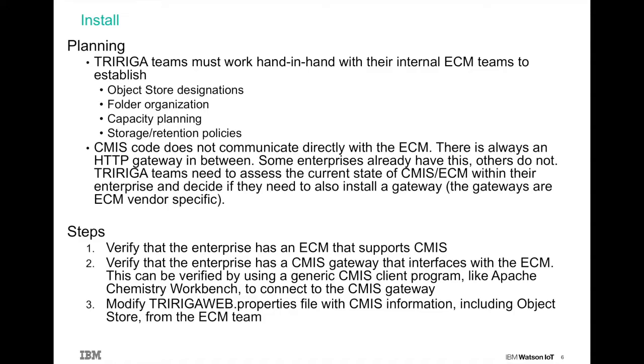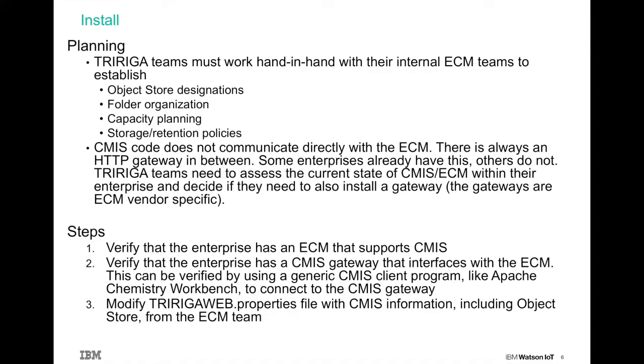So the general steps are: we need to verify that the enterprise has an ECM that supports CMIS. In some cases, there are ECMs that do not support CMIS. We need to verify that the enterprise has a CMIS gateway that can also interface with the ECM.